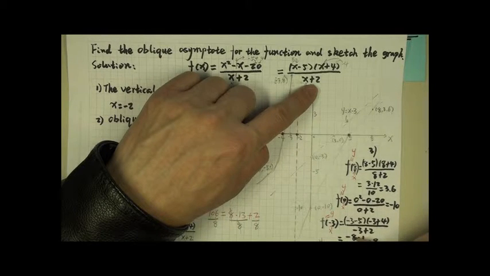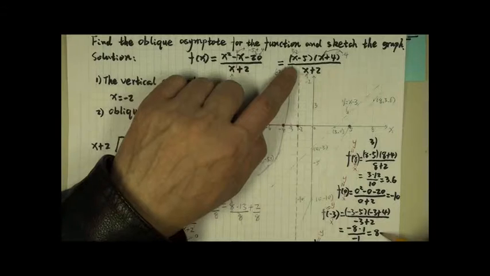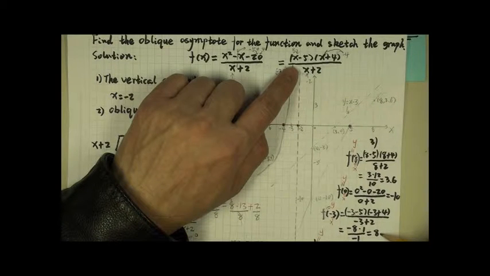So 1 times negative 8, over negative 1, gives you 8.